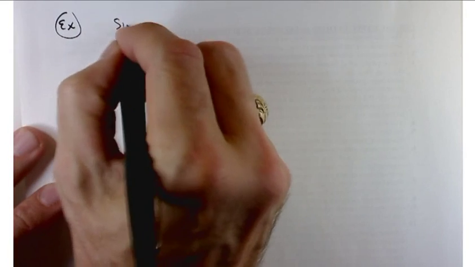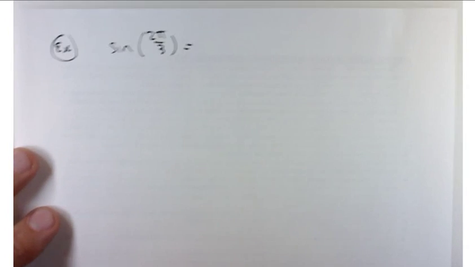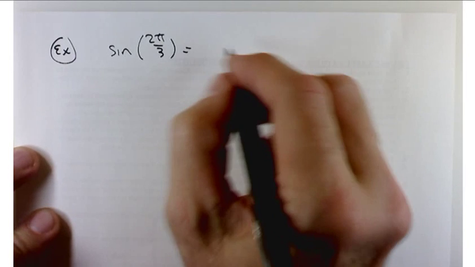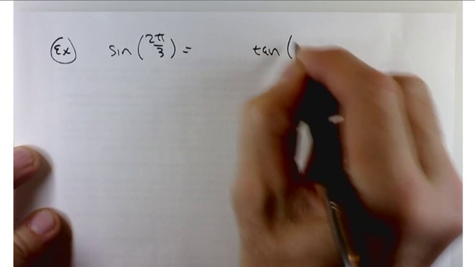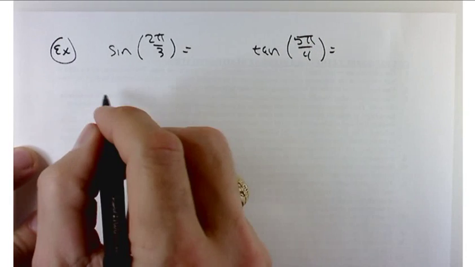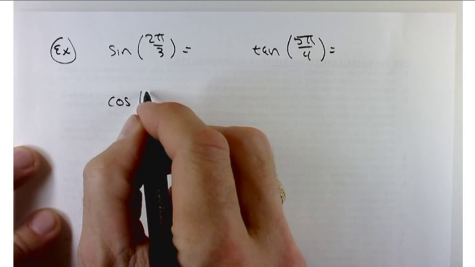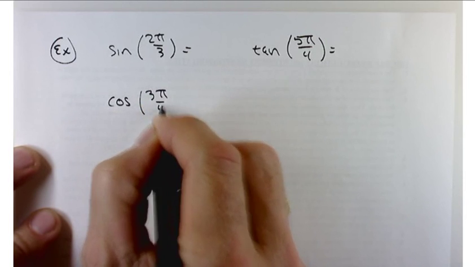So let's calculate a few exact trig values. We'll start with sine of 2 pi over 3. And I'm going to throw in a bunch of examples here. Let's also do tangent of 5 pi over 4. Cosine of 3 pi over 4.